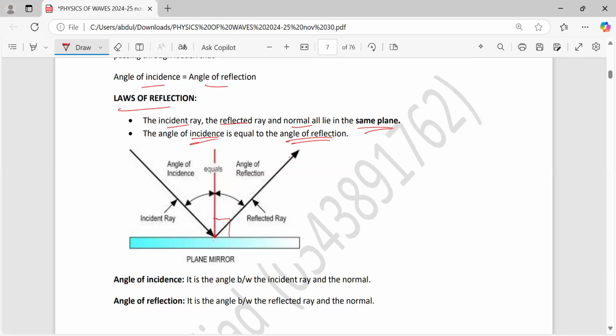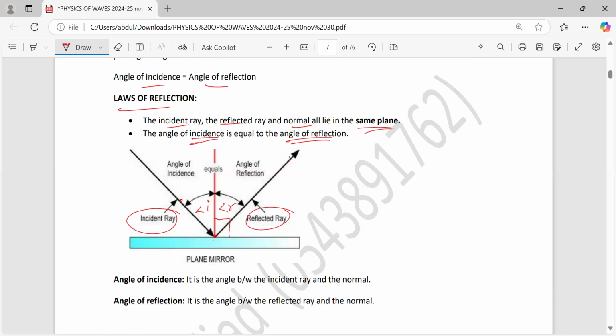So here, angle of incidence is the angle between incident ray and normal. See, this ray is incident, this ray is reflected. So the angle between incident ray and normal, that is known as angle of incidence, and the angle between reflected ray and normal, that is known as angle of reflection.